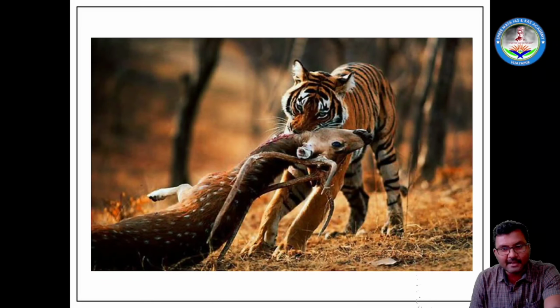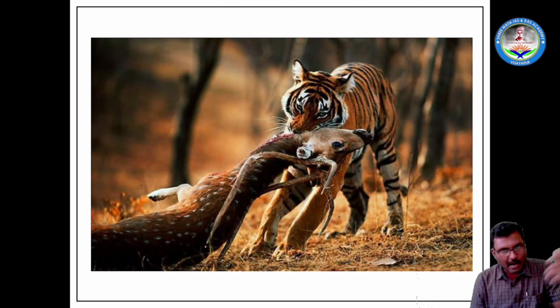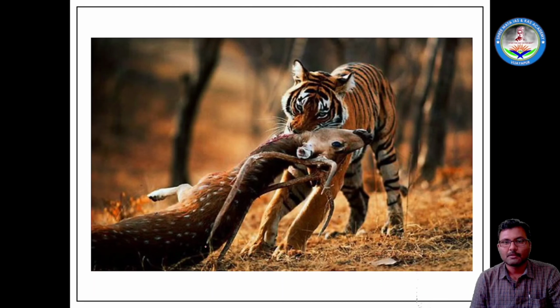Look, the tiger is killing the deer. Here, the prey is deer and the predator is tiger. But one thing we have to understand is that so many times prey wins, and sometimes the predator wins. According to science, the tiger's success rate is only 15%. It means in 100 attempts, only 15 times the tiger wins.